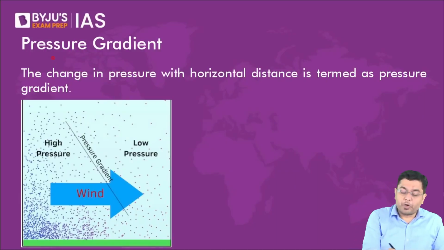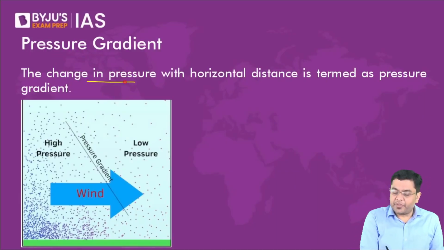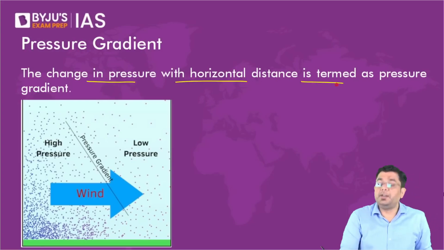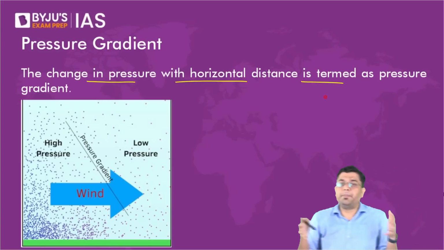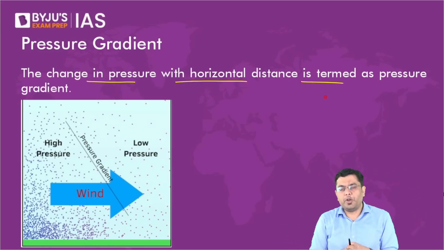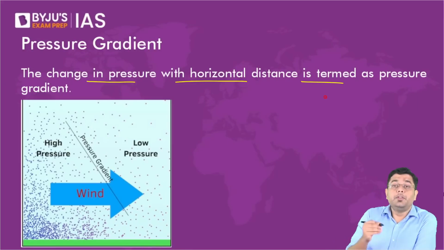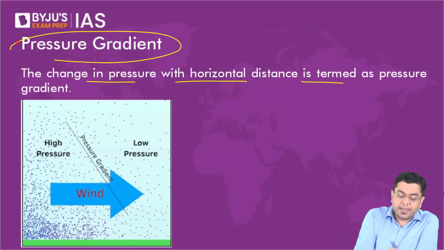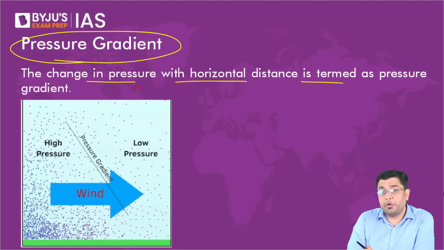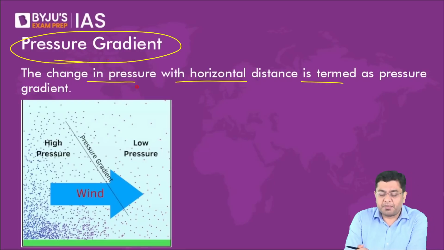When we talk about the pressure gradient of any particular region, it always indicates the change in pressure with horizontal distance. So how is the pressure changing over a particular distance? It can change very significantly, very acutely, or very gradually and slowly. The pressure gradient is an important factor contributing to wind direction, something that we'll see later on.